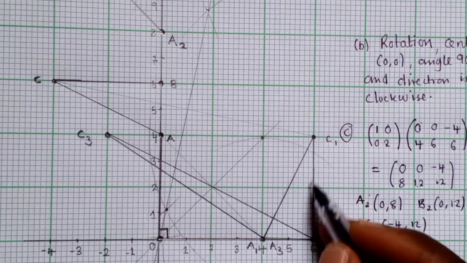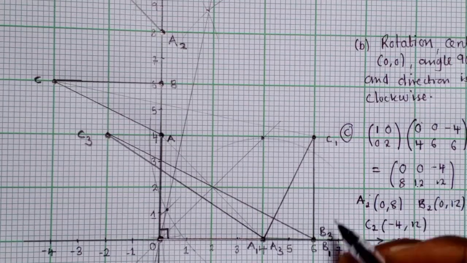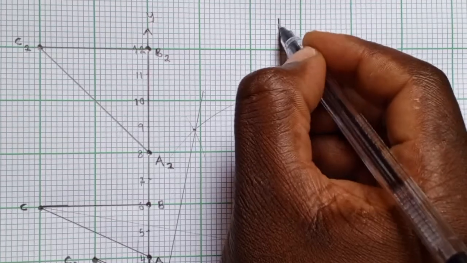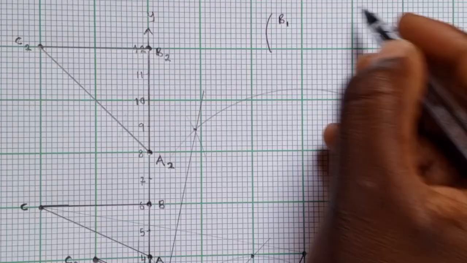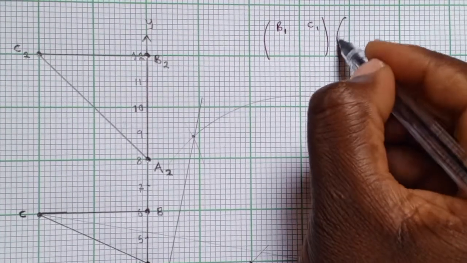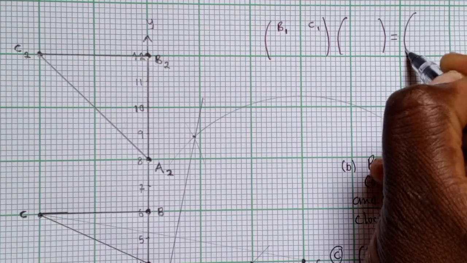Let me start from the original here. This is our original, this is our image. So let me write B1 here. I'll get the coordinates for B1 and C1, multiply by the letters, and then say equal to. I'll show you what will come.